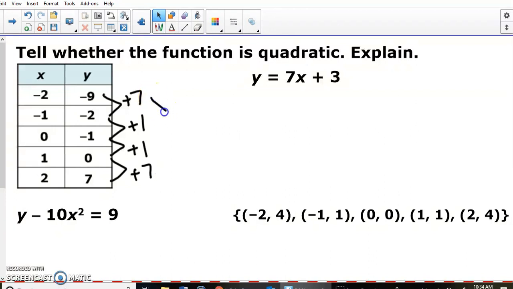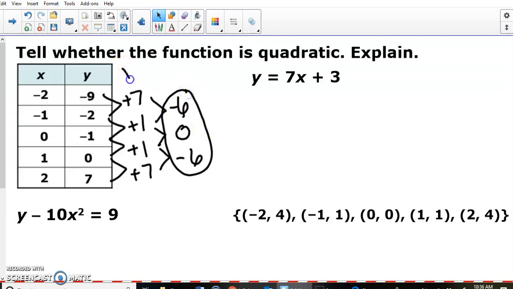Our second level of differences, between 7 to 1, it went down 6. Then the next one, it went up 0, so that's just a 0, and then here it went down 6 again. So these second differences are not consistent, so we would say that no, this is not a quadratic function.